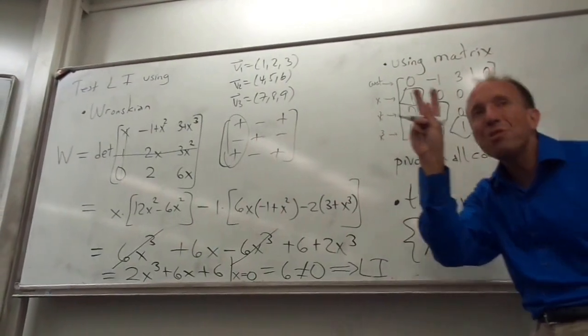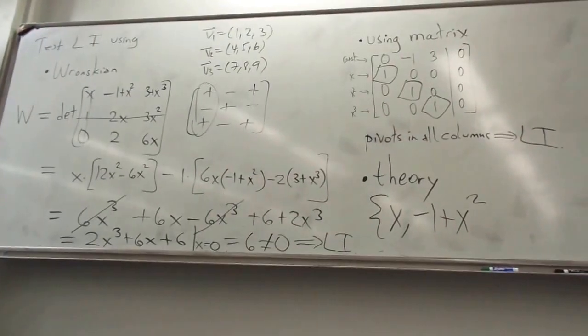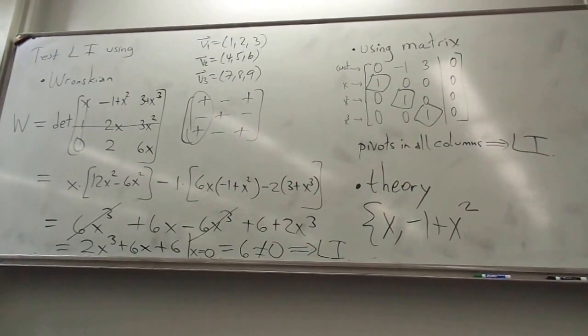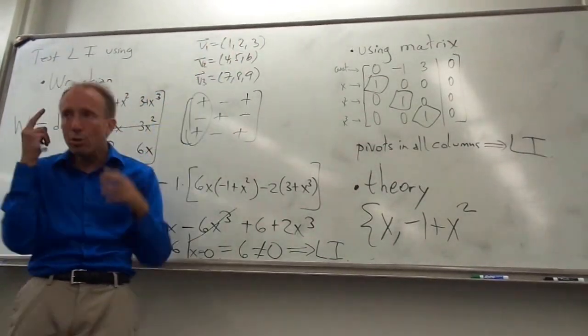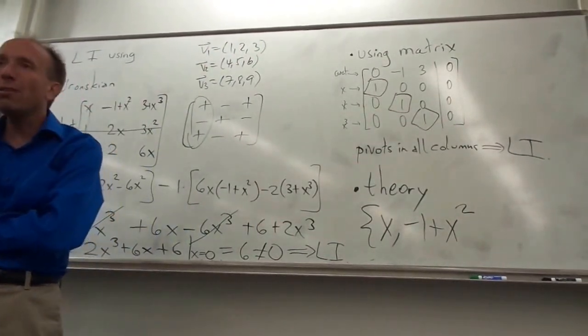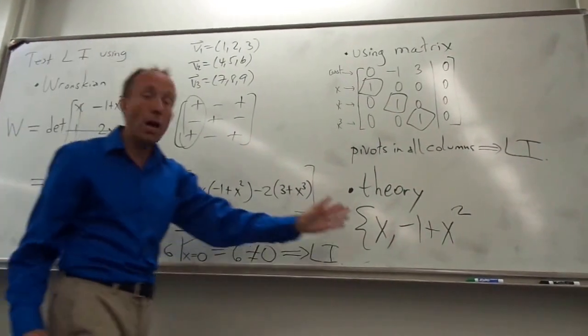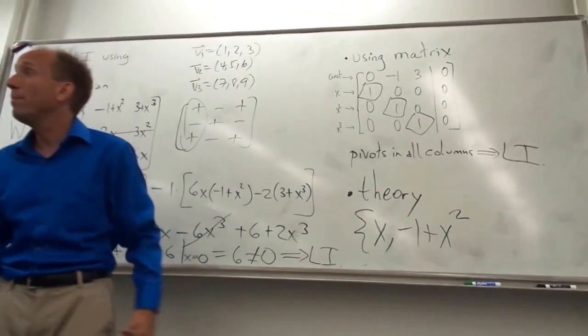When you only have two vectors, remember that Li really just comes down to they're not multiples of each other. It's only when you start getting 3 or more vectors that things get complicated. For two vectors, they will be LD only if they are multiples of each other. And these are not. So these two are definitely Li, right?